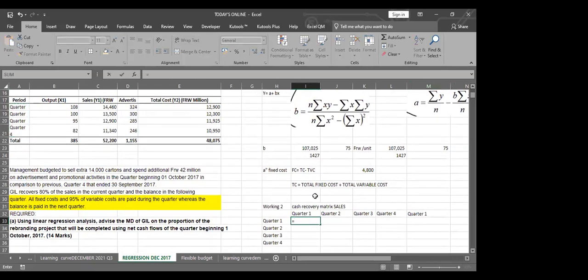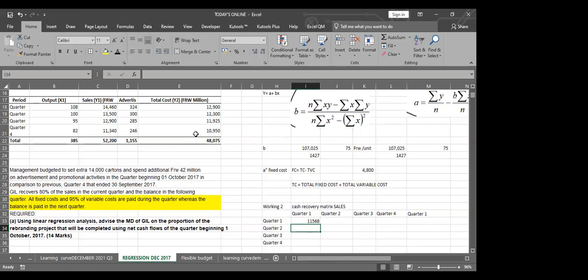The sales in Q1 equals this. They have said they can recover 80% of that. So they can recover 80% of whatever they are selling.